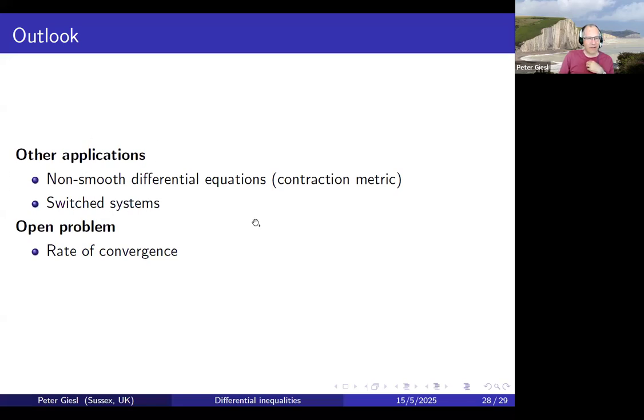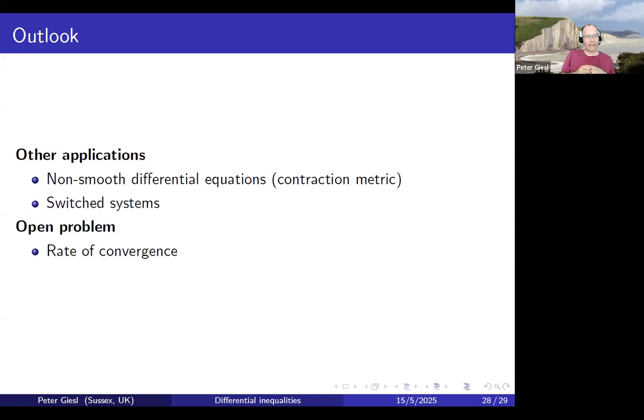Another application that we're currently looking at is switched systems, where you have a common Lyapunov function for many systems at the same time, where you can't say it's equal to something, but it's really small or equal to 0 for many systems.